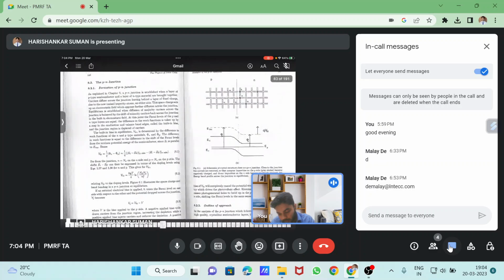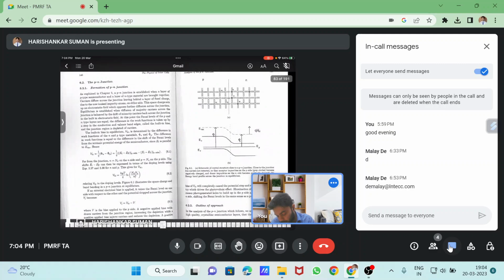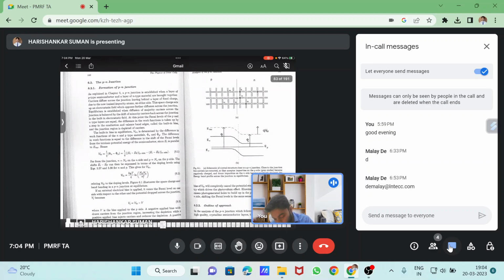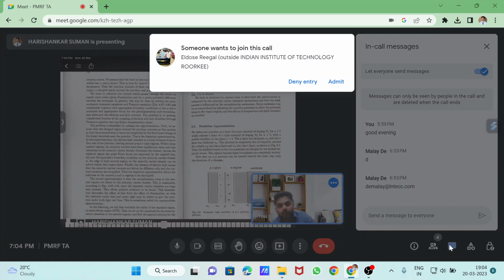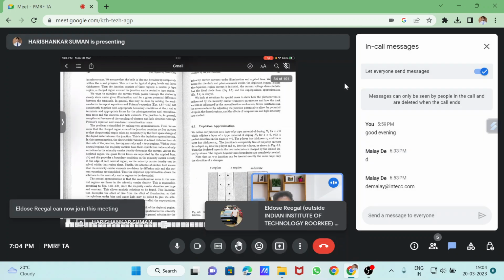Analysis of PN junction. This is the built-in potential. People are joining, but we have already discussed.